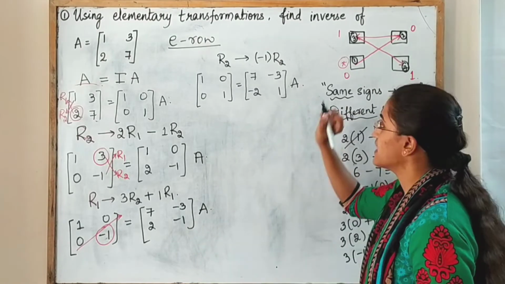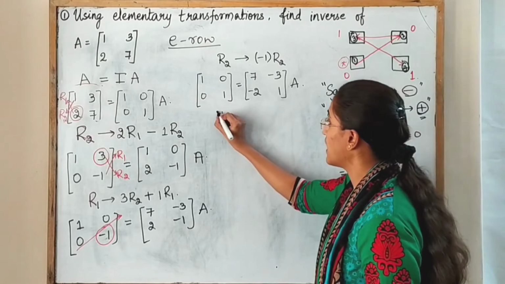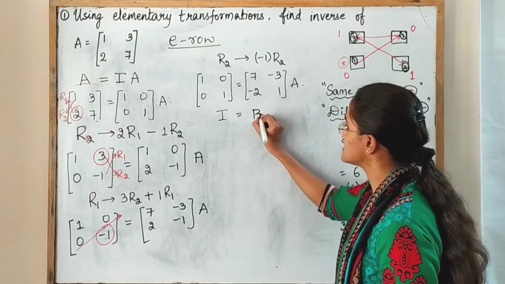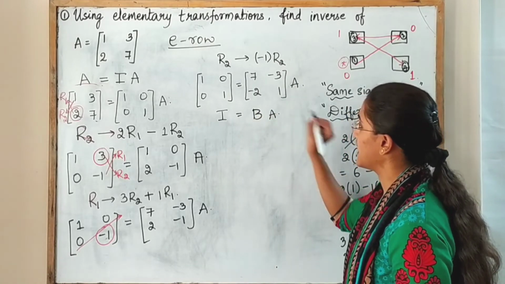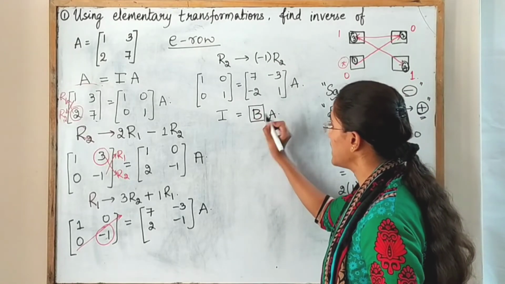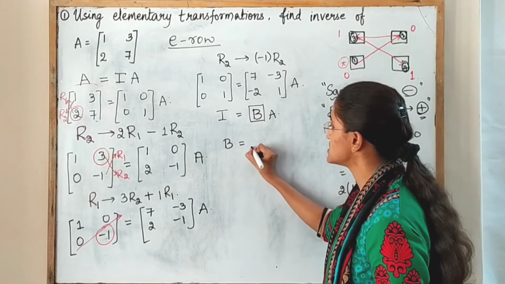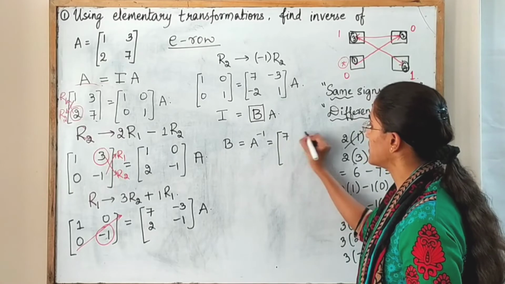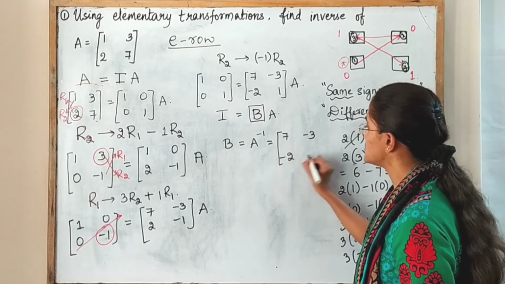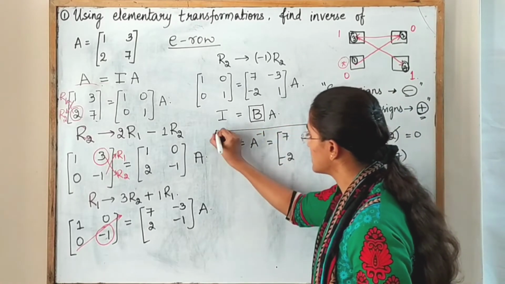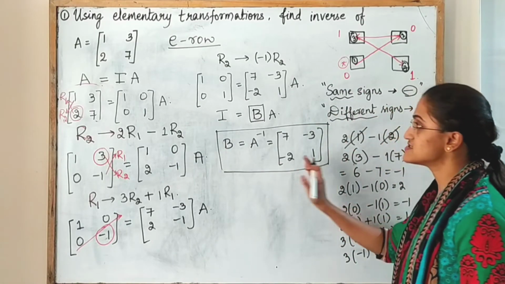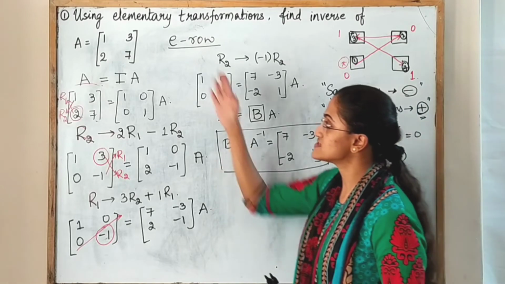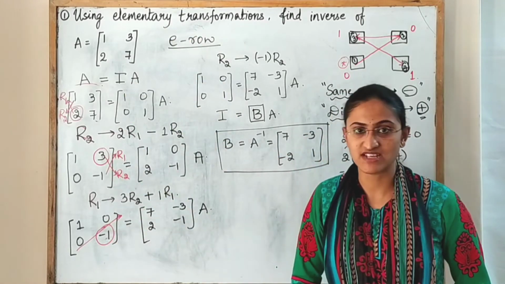Then we get I is equal to a new matrix, we call this B, into A. This matrix B is nothing but the inverse of A and is given as 7, -3, -2, 1. This is the inverse of the given matrix which we have obtained using the elementary transformations.